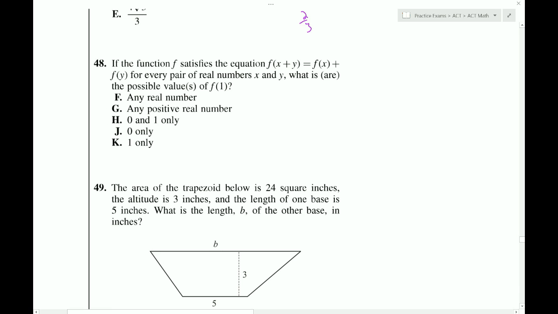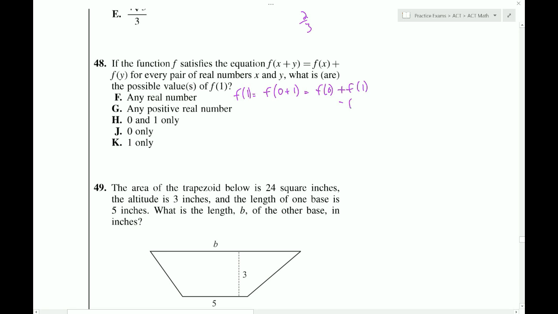If the function f satisfies this equation, what are the possible values of f of 1? So you're plugging in 1. Yeah, this one is a bit tricky. It has to do with linearity, and a little trick that you learn if you study this in college is that you could find the value of f of 1 by plugging in f of 0 plus 1, which is going to be f of 0 plus f of 1.